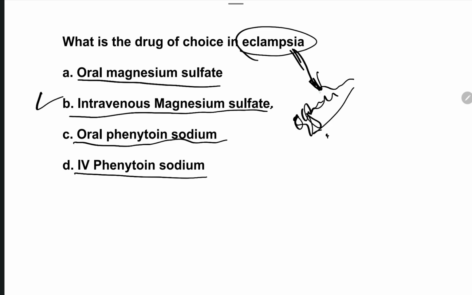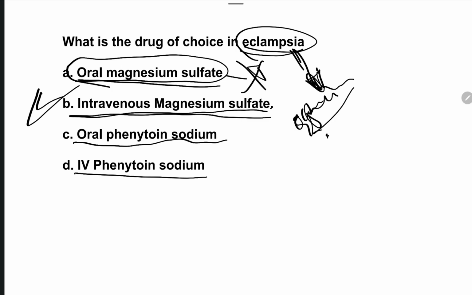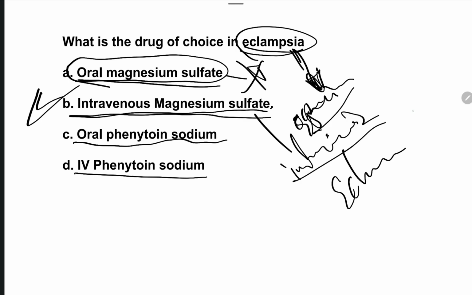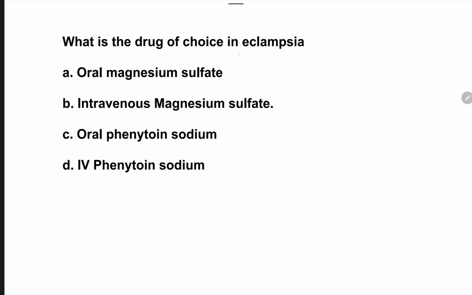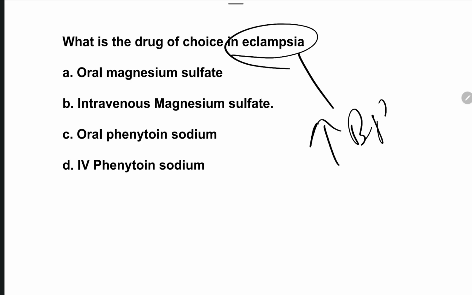So immediately after delivery, if the mother is having eclampsia, we cannot go for the oral magnesium sulfate tablets, so we need to go for intravenous magnesium sulfate infusion, so we can prevent the eclampsia. Eclampsia is nothing but increased blood pressure. So it leads to the seizures.